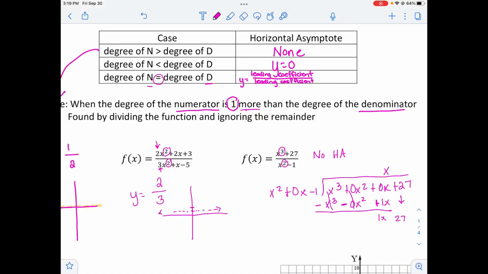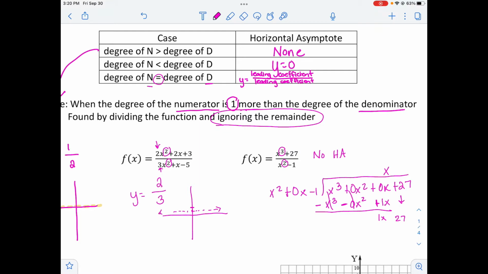Now, when I go from here, and I start saying x squared into 1x, I know I'm going to get some remainder, and I'm getting a remainder because I've got this last number brought down. So I don't have to worry about my remainder in this. I can ignore it. I just need to know the main equation, like if it's got a slope or y-intercept.